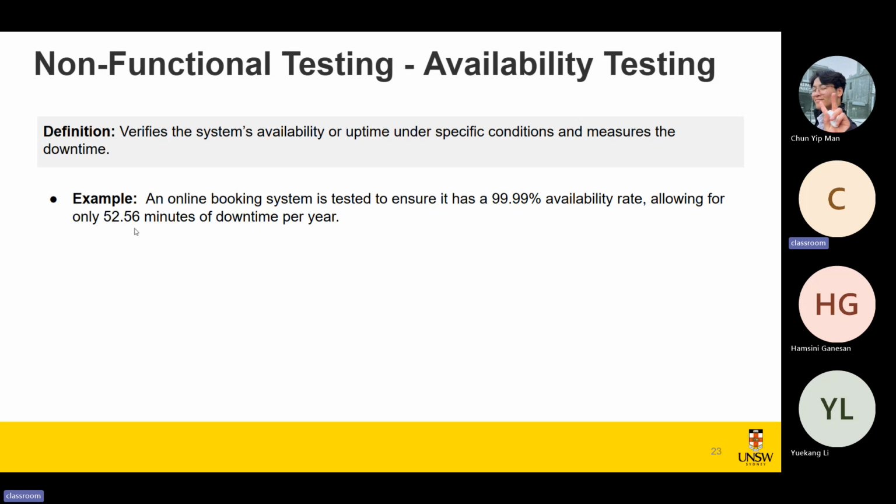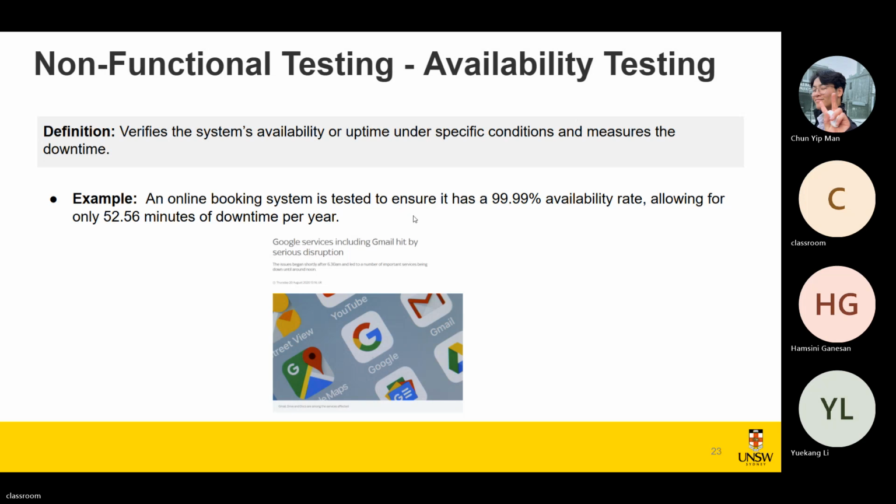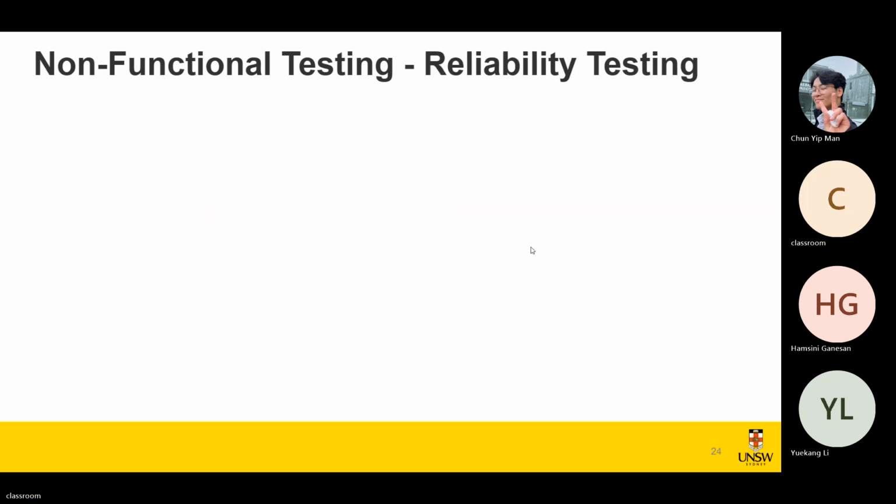So on average, that means only about 40 minutes of downtime per year. So this could be useful for some services. For example, Google service might have some downtime, right?